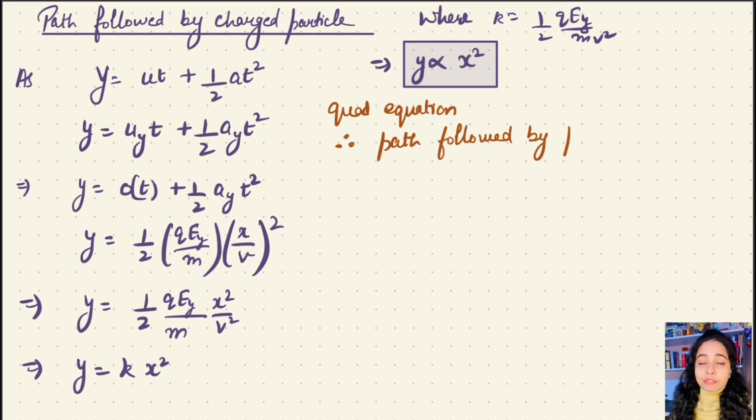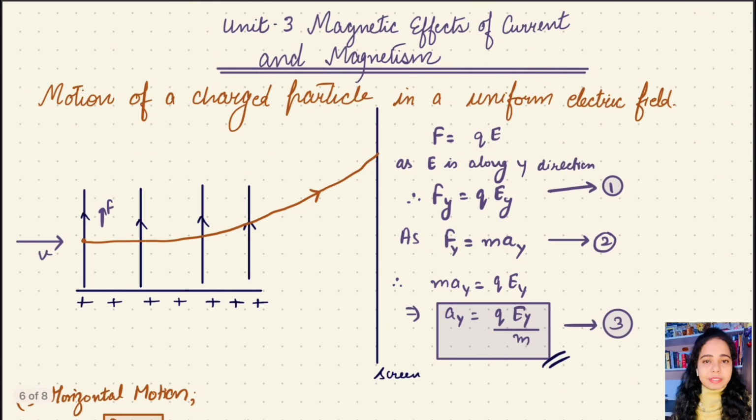So from this equation it is clear that when the charged particle enters the region of uniform electric field perpendicularly, it traces a parabolic path. That means the charged particle is going to trace a parabolic path when it enters the region of a uniform electric field.